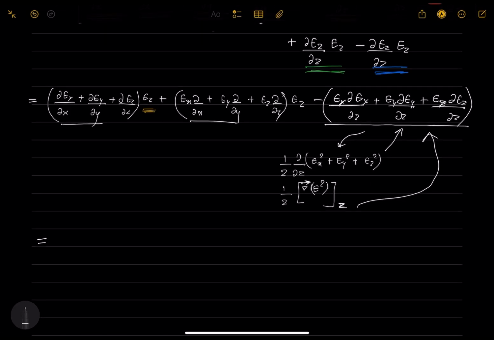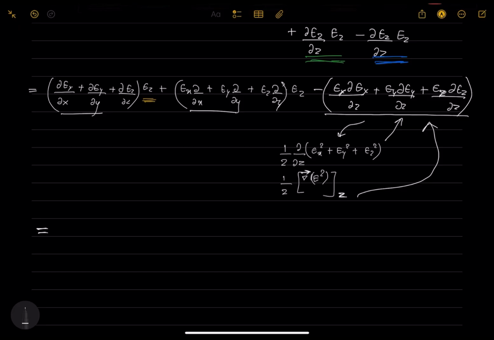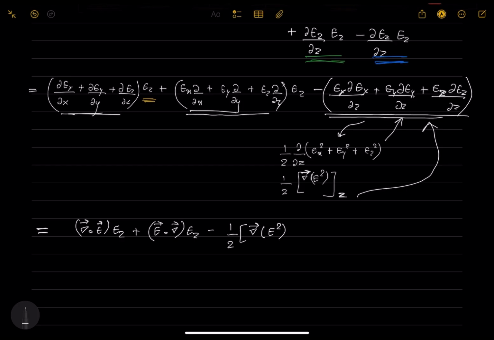All right, so we're going to rewrite the step in a very neat format. This is the divergence of E in Cartesian coordinates, using the divergence operator, times Ez. Plus, this is basically E dot del operator on Ez, and this is, somebody basically just took the z component of the gradient of the E squared scalar field.